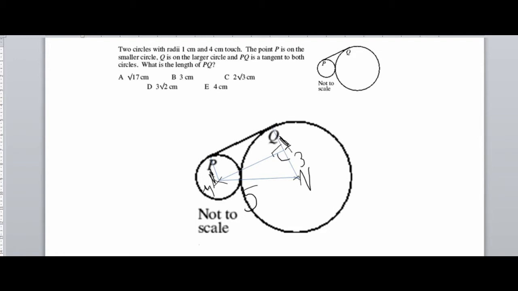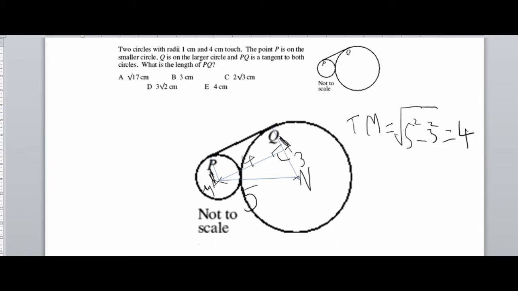So by Pythagoras' theorem, TM will be equal to the square root of 5 squared minus 3 squared, which is equal to 4. So the length TM is equal to 4.